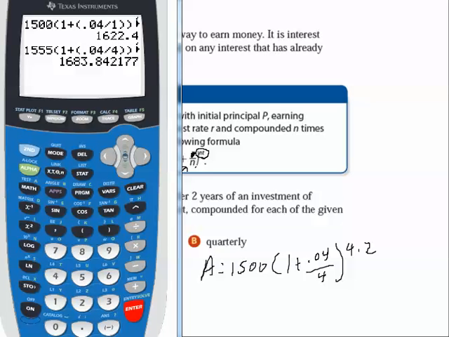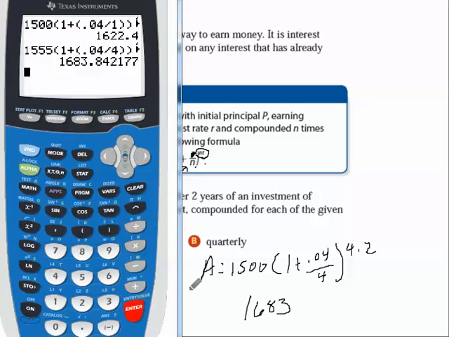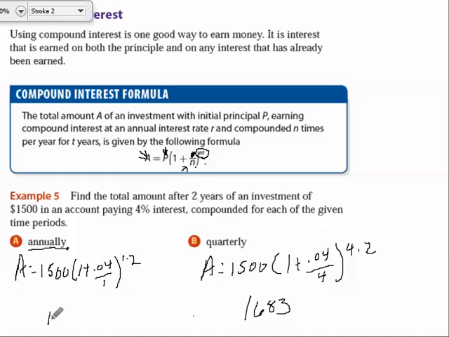What do we get when we do that? 1,683.84. You can ignore anything after the second decimal because we're dealing in dollars and cents here, right? They were never going to round up on a bank. So which one gave you more? This one was $1,683. This one over here was $1,622.